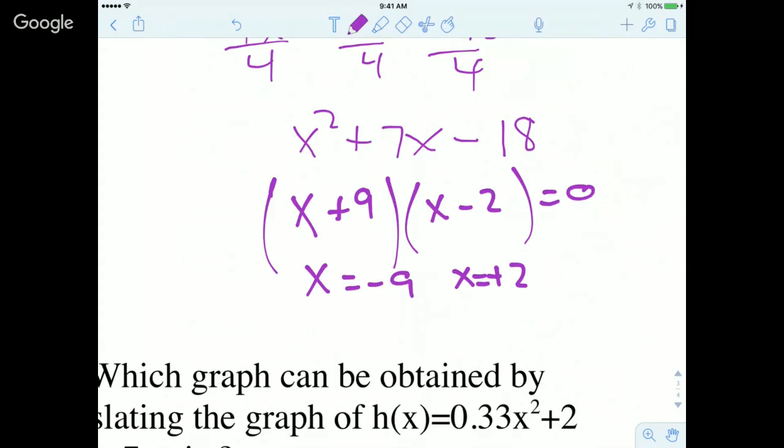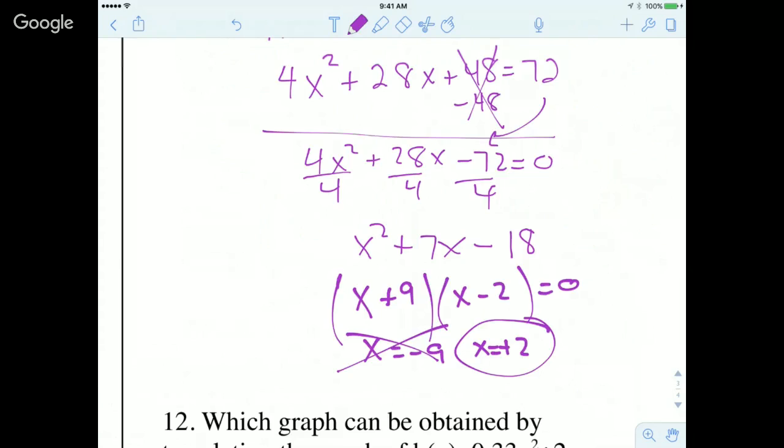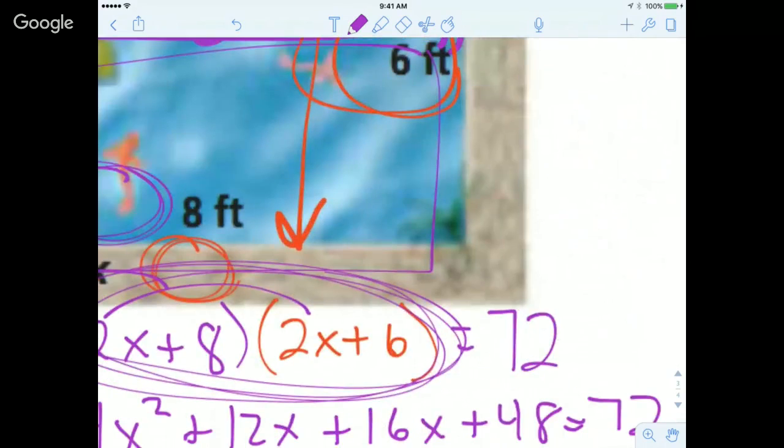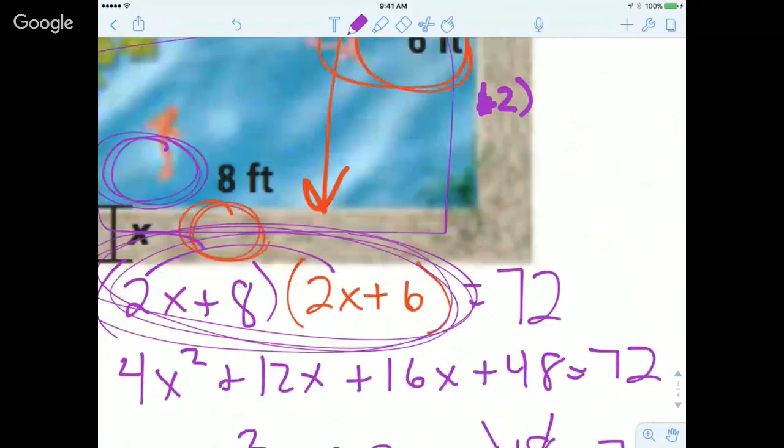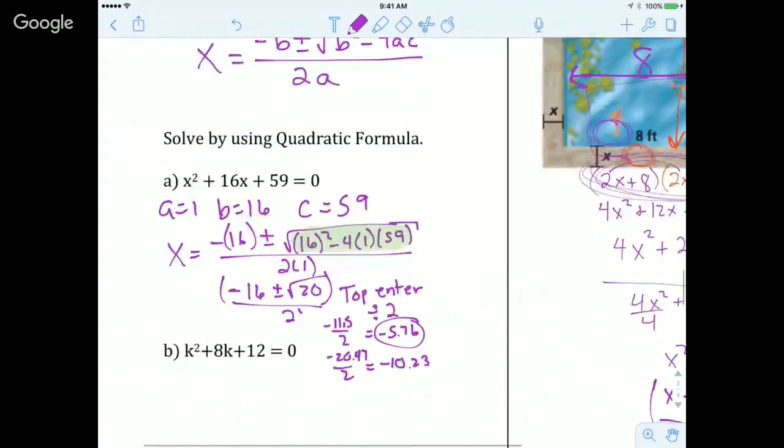Can you have a negative length of anything? No. So your negative, even though it's a root, even though it's a factor, it's not realistic. At the end of the day, your koi pond, you have enough concrete for this to be 2 feet wide. That's how wide this is, and then it'll be 2 feet tall up here. It's not that big.